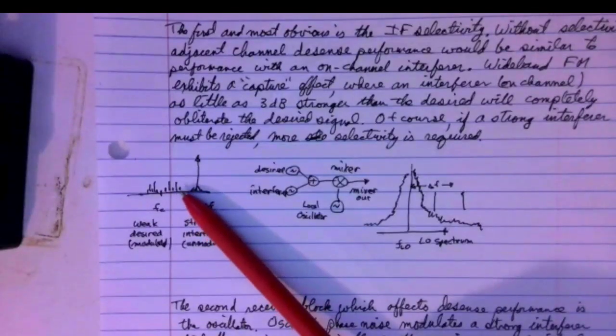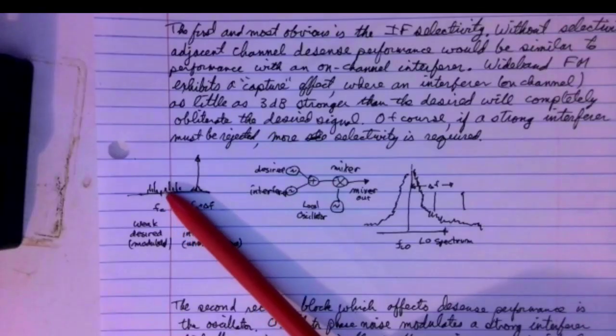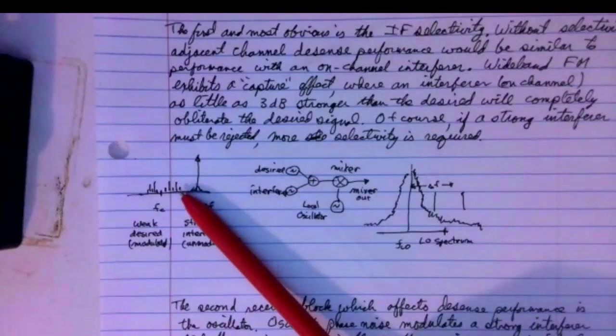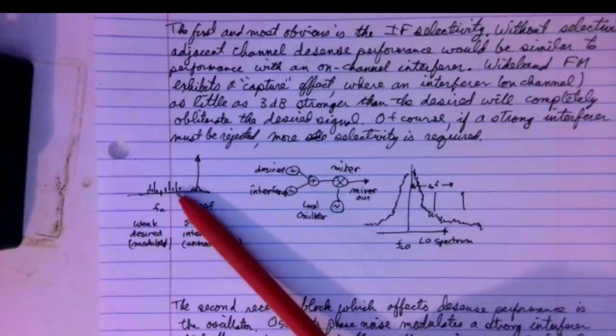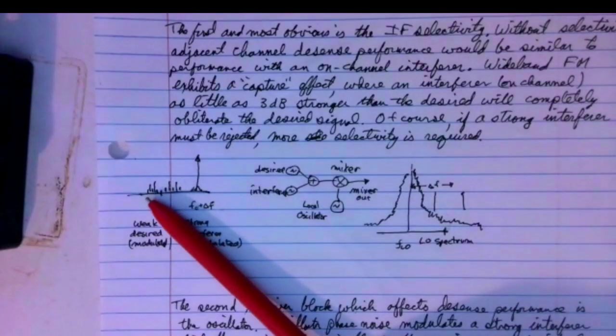If you have 1 kilohertz modulation frequency, they're every 1 kilohertz, so you'd have a lot of them. If you have a higher modulation frequency, these little sidebands are farther apart. If you have 15 kilohertz modulation frequency, they'd be 15 kilohertz apart. So don't dwell on that. But just this little picture here shows you what you might see on a spectrum analyzer.